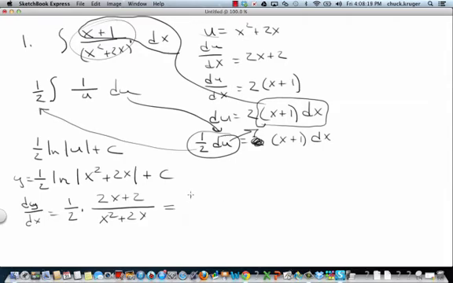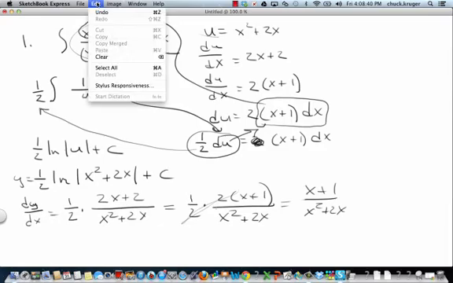And that's equal to 1/2 times 2 times x plus 1 over x squared plus 2x. And I can simplify here. And that's where I get the x plus 1 over x squared plus 2x. So I just did that to demonstrate that when you take the derivative, you're back to where you started. All right? All right, let's look at the next one. Number 2.